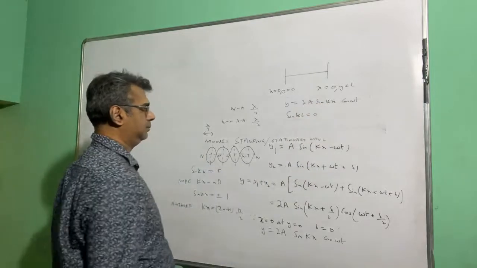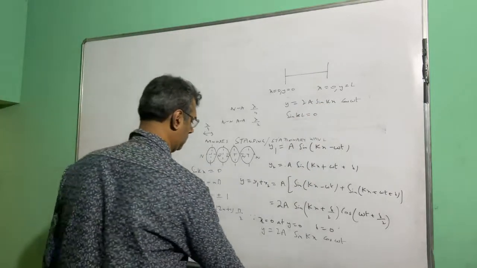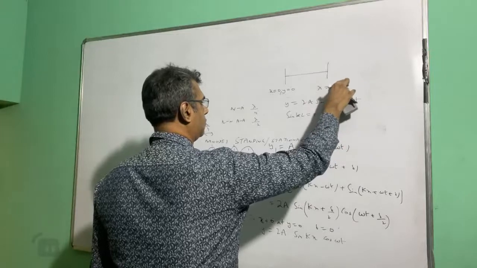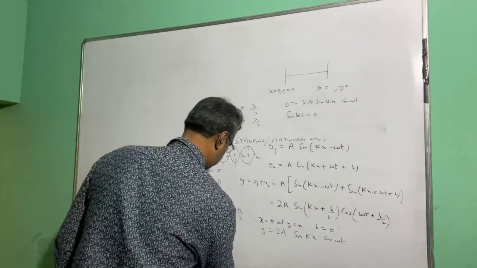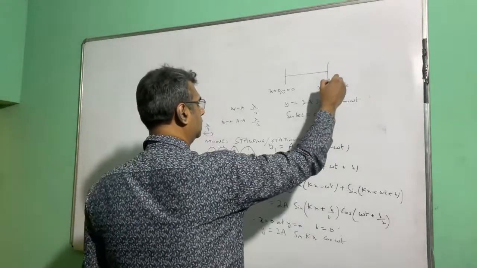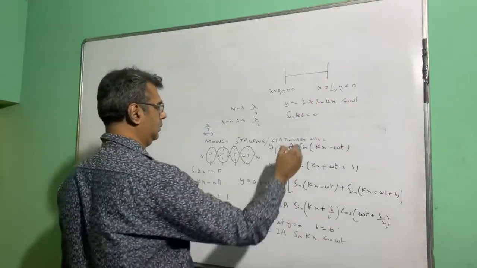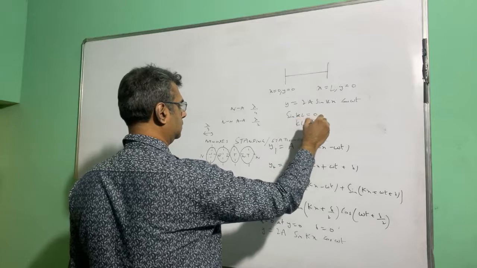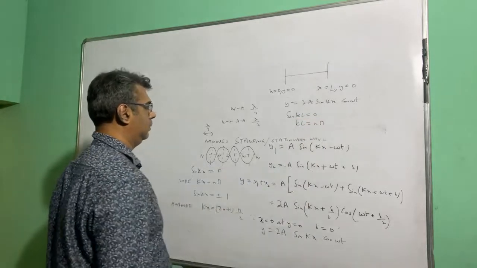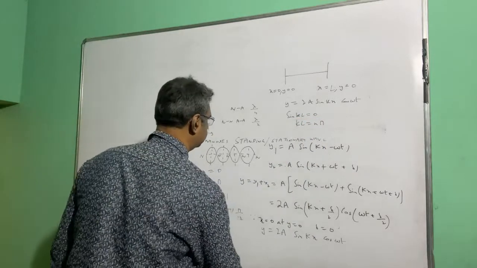So sin KL will be 0. So KL will be equal to n pi.